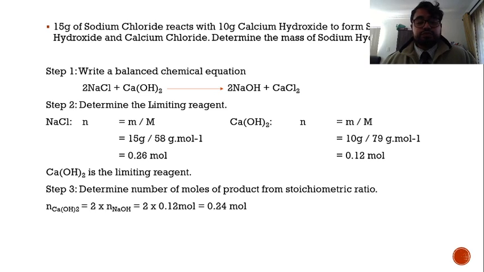We take calcium hydroxide, multiply it by 2, and we get the number of moles for the product sodium hydroxide, which is 0.24 moles.